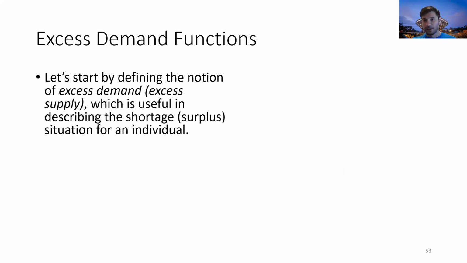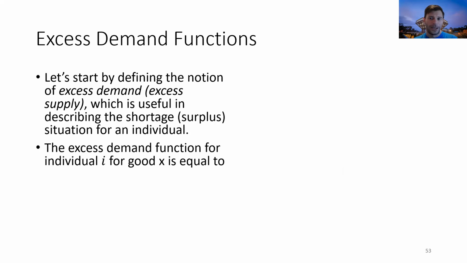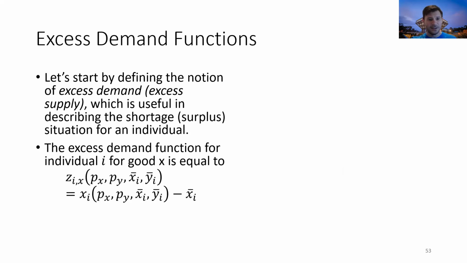For example, for individual i, we're going to define the excess demand function using the function Z. So Z_i,X is i's excess demand for good X. The way we calculate this is we take the demand for good X minus the amount of X that you were endowed with.